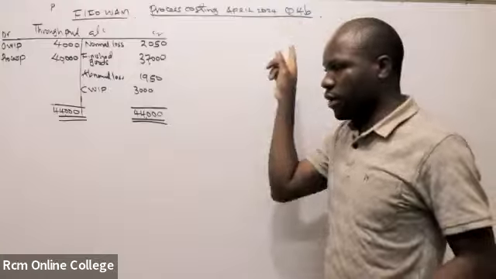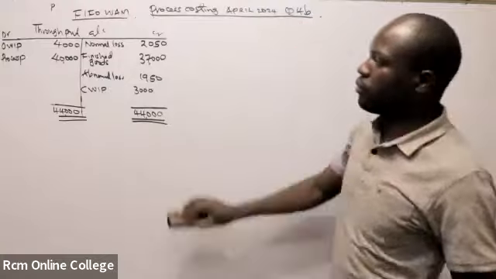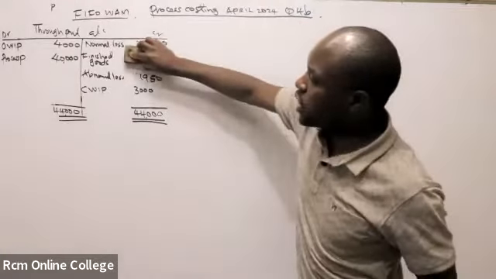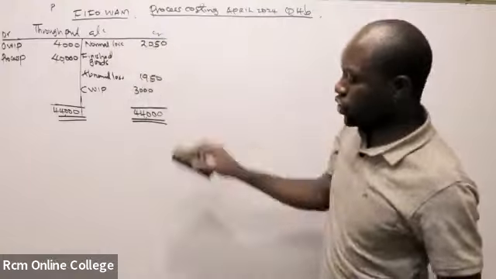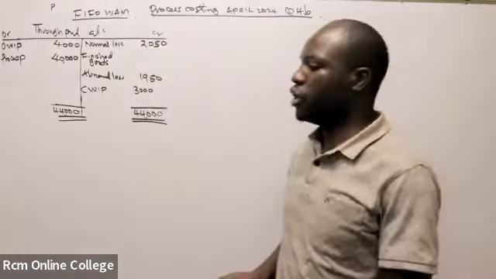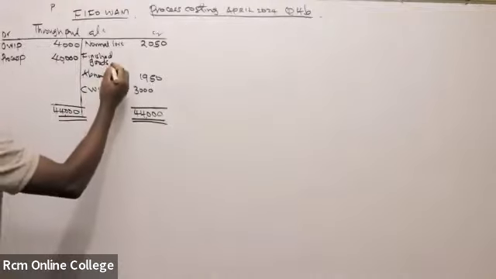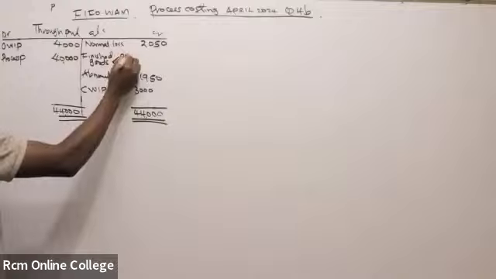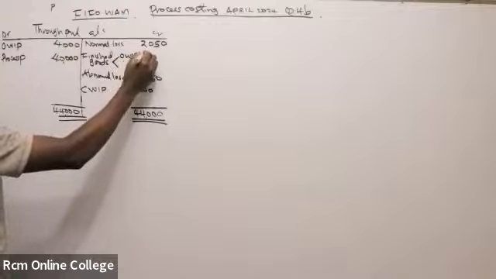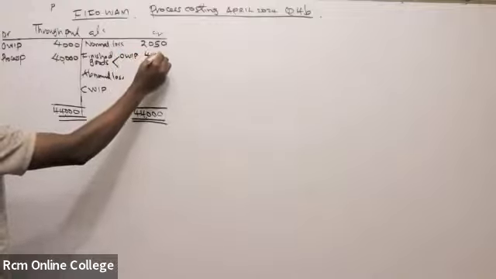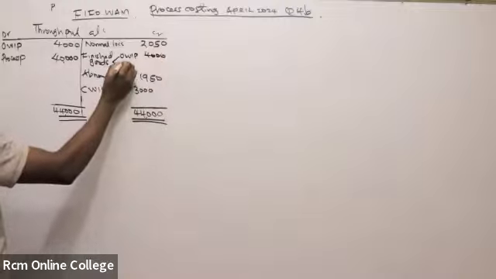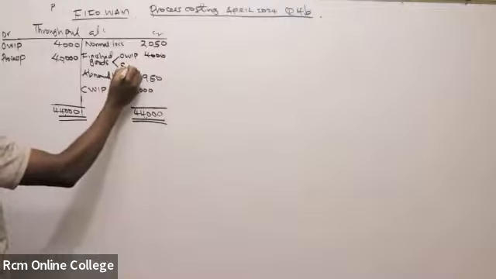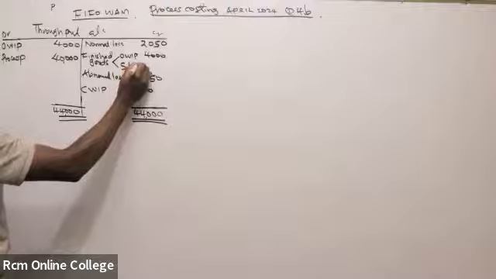You will get stuck when we get there. What you need to do is separate the finished goods. This finished goods has to be divided into two: opening work in progress of 4,000 units, then we talk about started and transferred.